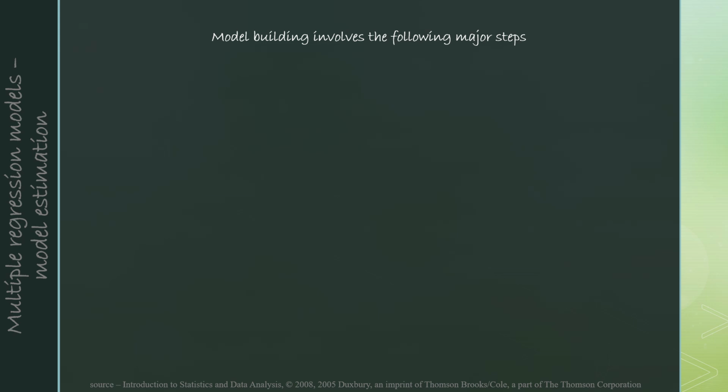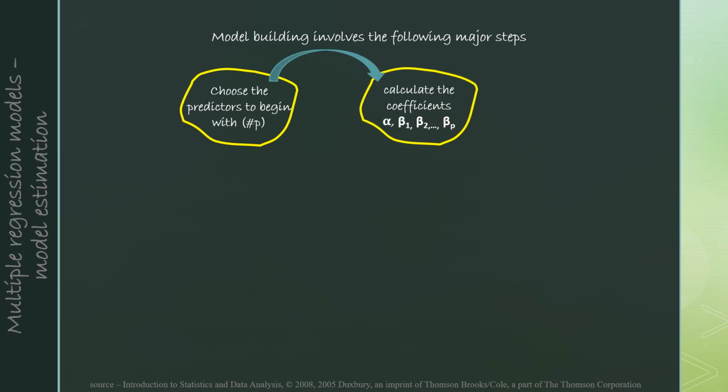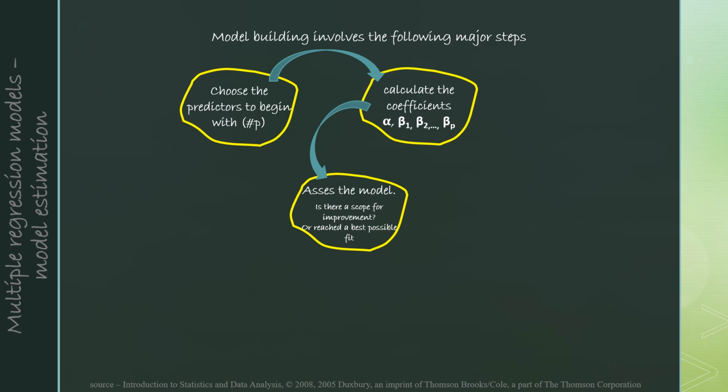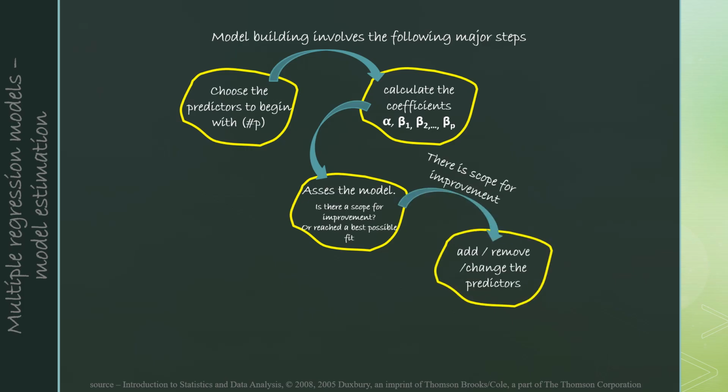Model building involves the following major steps. Choose the predictors to begin with. That decides the number of predictors too. Calculate the alpha and the beta coefficients. Assess the model and check if there is a scope for improvement or reach the best possible fit. If there is a scope for improvement, add, remove or change the predictors and recalculate the alpha and the beta coefficients.